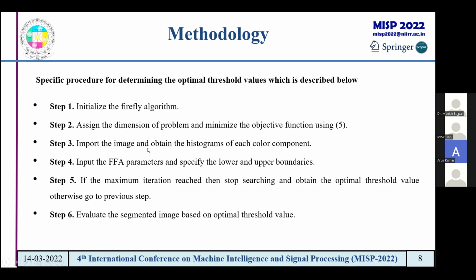Then we input the Firefly algorithm parameters and specify the lower and upper boundaries: lower boundary 0 and upper boundary 255. If the maximum iteration is reached, then stop the search and obtain the optimal threshold value. Otherwise, go to step number 4. Then evaluate the segmented image based on the optimal threshold value.